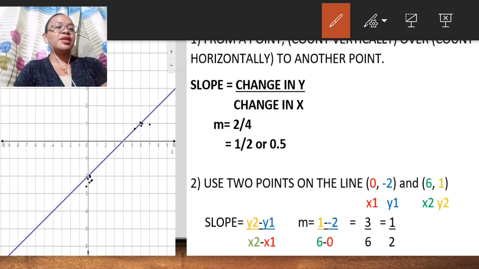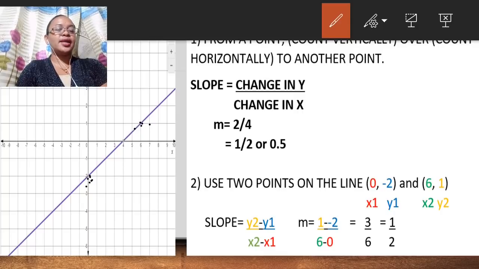So it could not be that this is x1 and the other is y2. It cannot be like that. If it is x1, the partner or the pair should be y1. And if the number is x2, the pair is y2. So you substitute the numbers correctly in the formula.